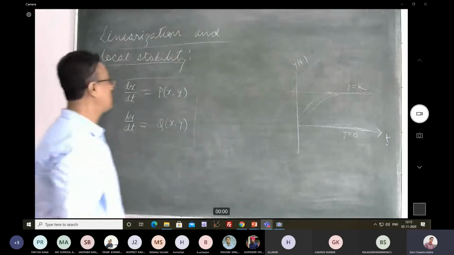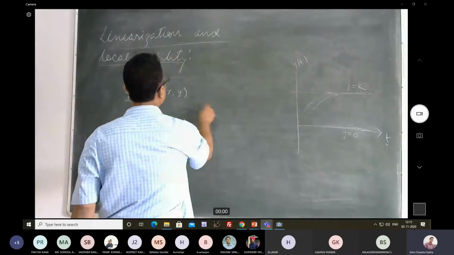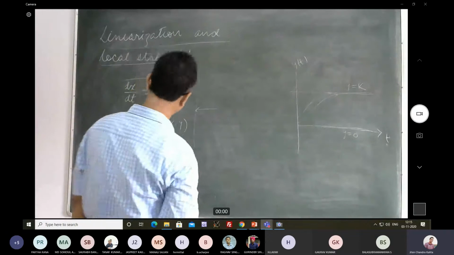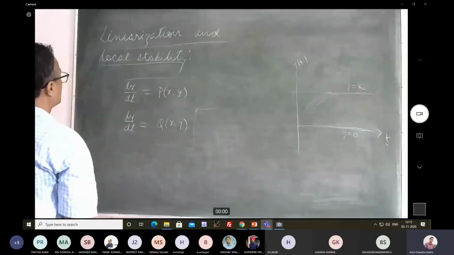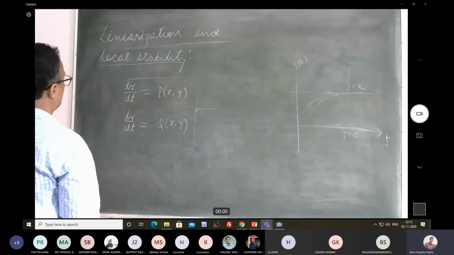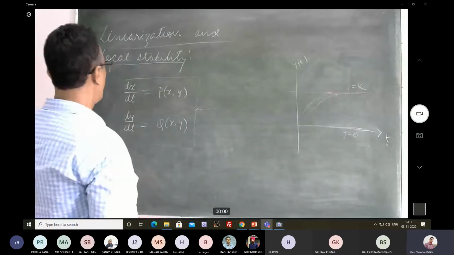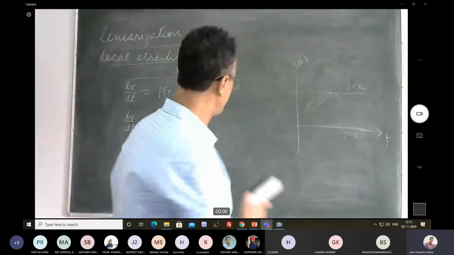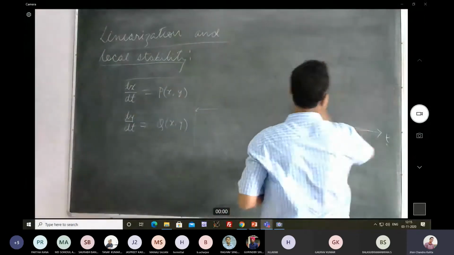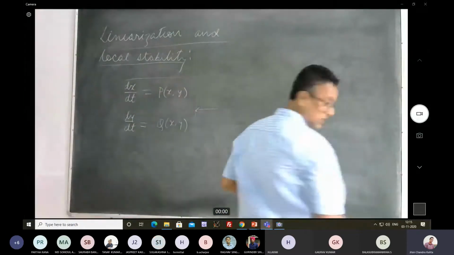Before moving here, what I was doing in my last class was showing you a one-dimensional problem. So what is the meaning of linearization? Although I explained it to you, I want to repeat it so that the concept is clear.